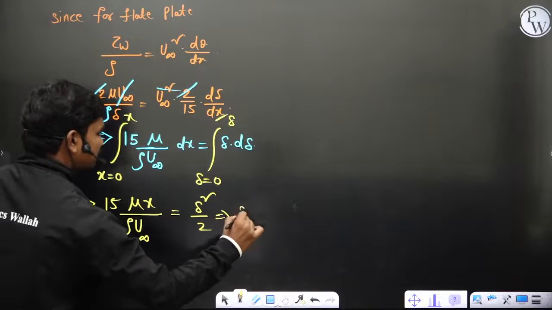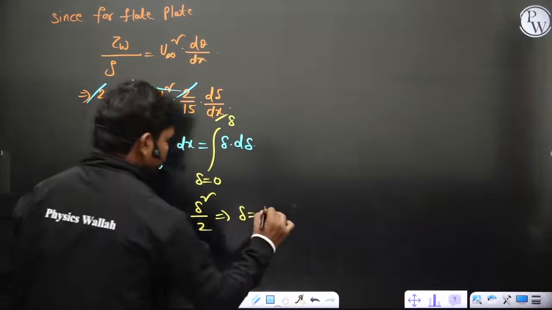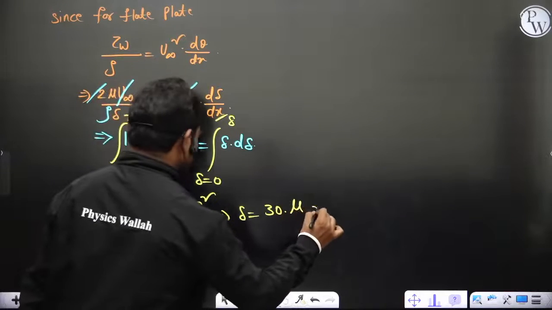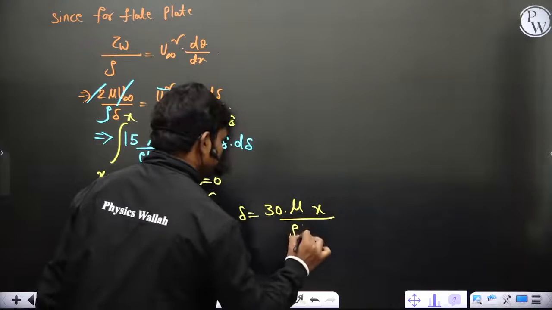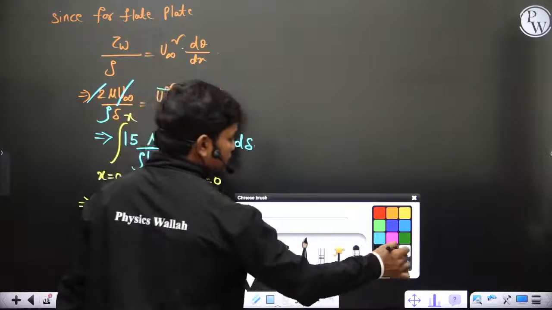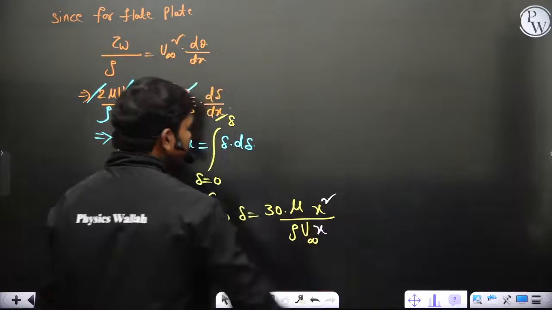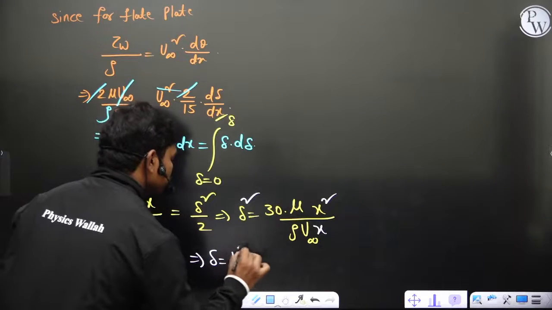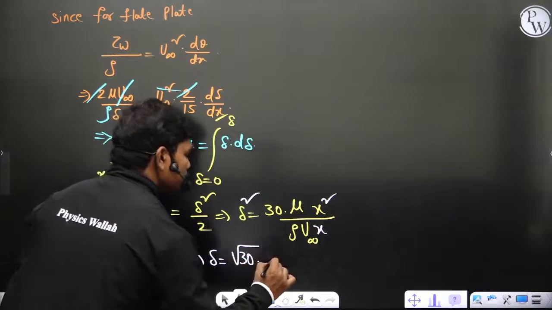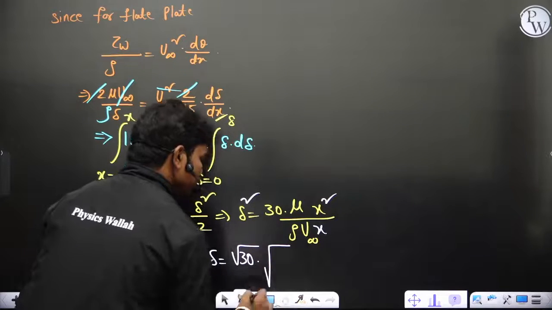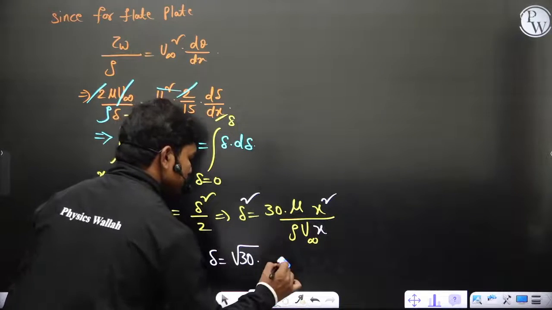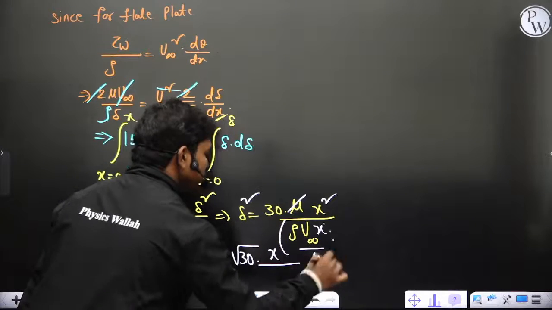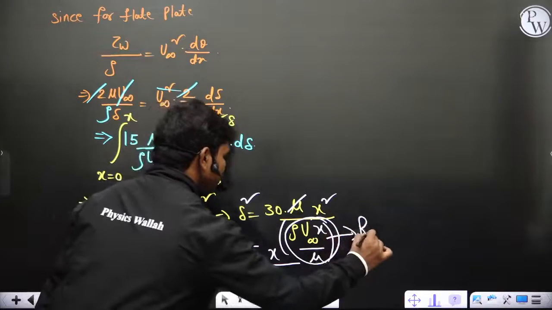So delta is equal to square root of 30 mu x by rho u infinity. If you make a simple adjustment here with x and square, delta is equal to square root of 30 into x divided by the square root of rho u infinity x by mu, which is nothing but your localized Reynolds number.